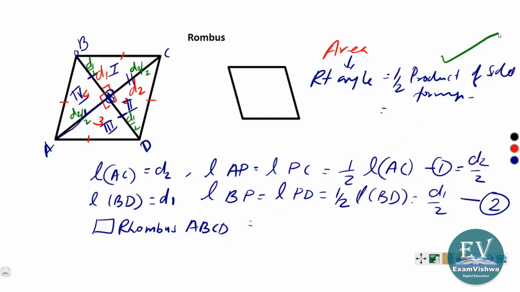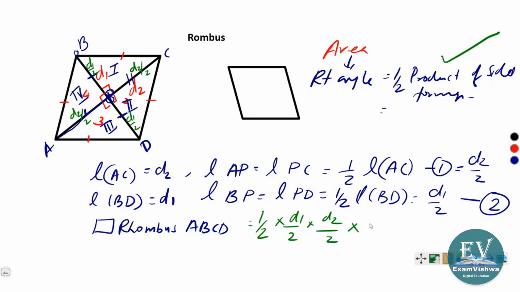So according to this formula, half into d1 upon 2, that is one side, into d2 upon 2 will be the area of one triangle. How many such triangles are there? Such 4 triangles are there. Correct?